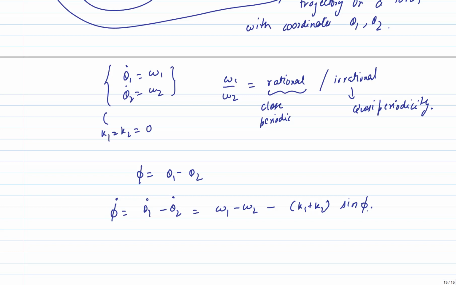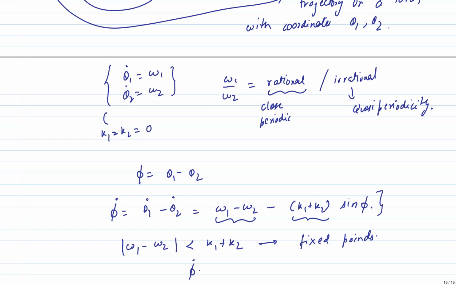Now, depending upon the magnitude of omega 1 minus omega 2, modulus, compared to K1 plus K2, if this is less than K1 plus K2, well then, what do you expect? I'll get fixed points of this map. Remember how I get the fixed points?